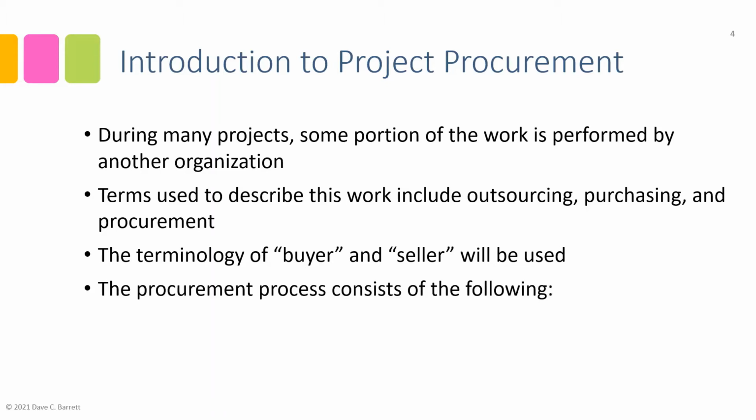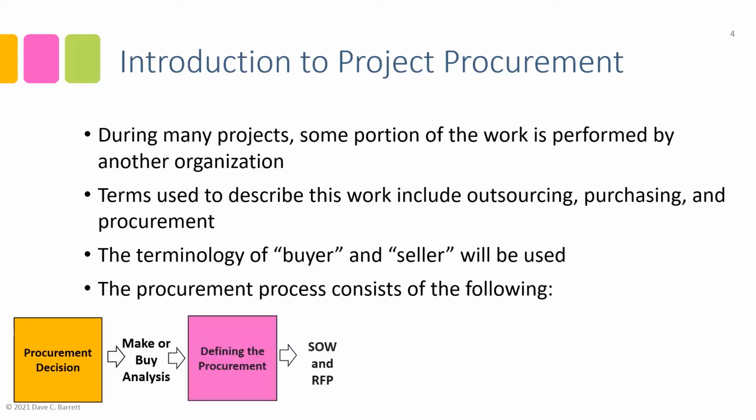And from a high level, the procurement process consists of the following steps. First is the decision of whether to procure or not, and that is accomplished through a make or buy analysis, which we will discuss. Then we have the definition of the procurement, which is documented in the statement of work and the RFP, or request for proposal.